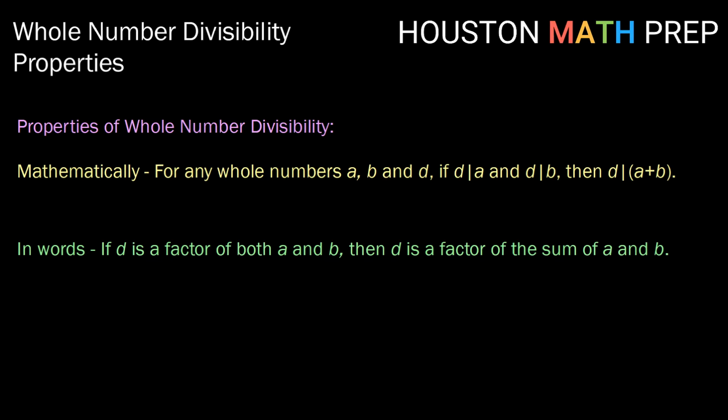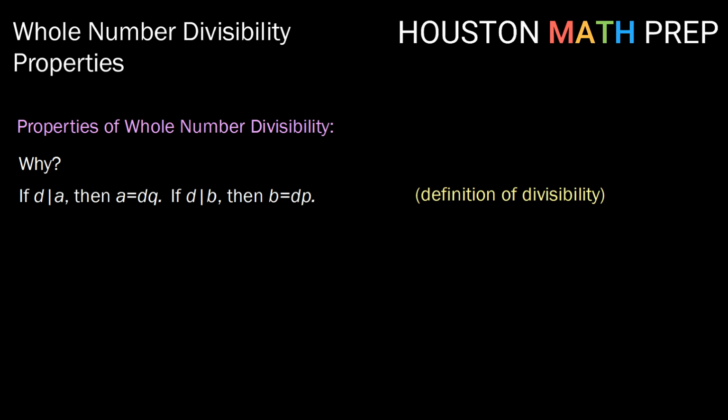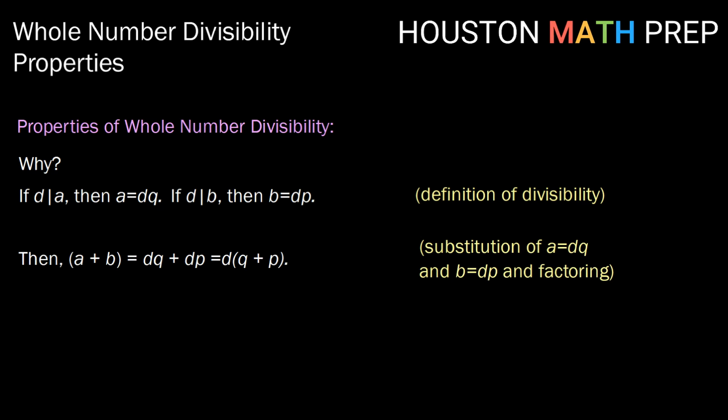Just like the last one, let's look at why we can say that that's true. Well, if d divides a, then we can write a as d times some number q. And if d divides b, then we can write b as d times some other number p. Those are both just a rewriting of our definition of divisibility.